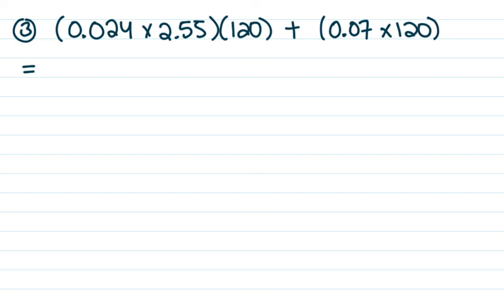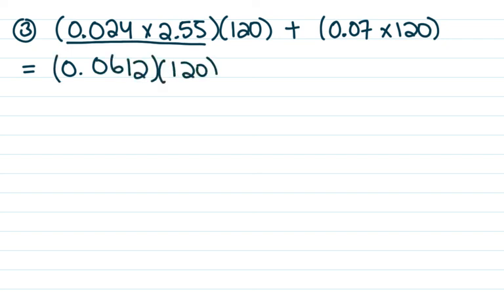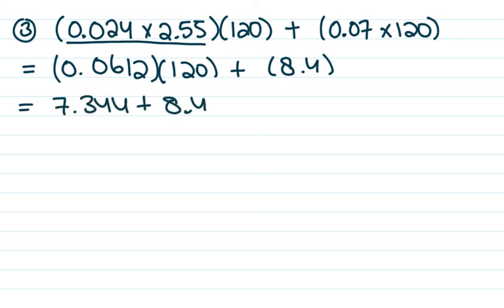So 0.024 times 2.55 equals 0.0612 times 120 plus 0.07 times 120 is 8.4. 0.0612 times 120 is 7.344 plus 8.4 equals 15.74.